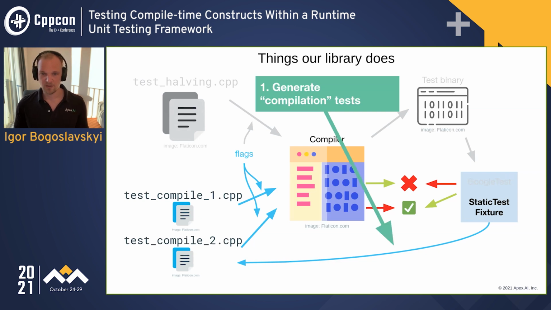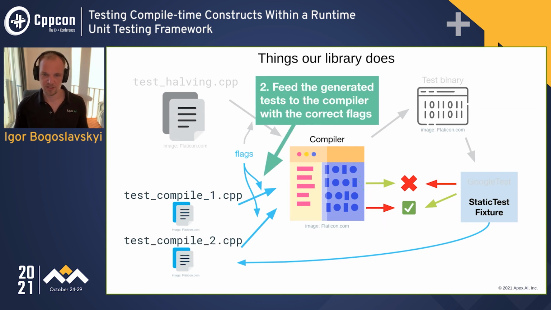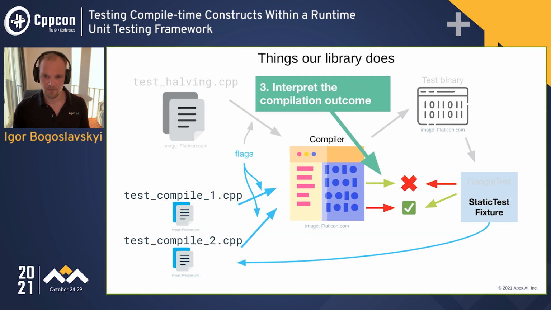We have to generate the compilation tests, which in this case will be called test compile 1 and test compile 2. Then we feed the generated tests to the compiler with the correct flags, and the correct flags are a big thing here, which we will talk about later. Then the compiler does its work and spews out the result, and we have to interpret those results, right? These are all the 3 things, and there is really nothing more than that we have to do.